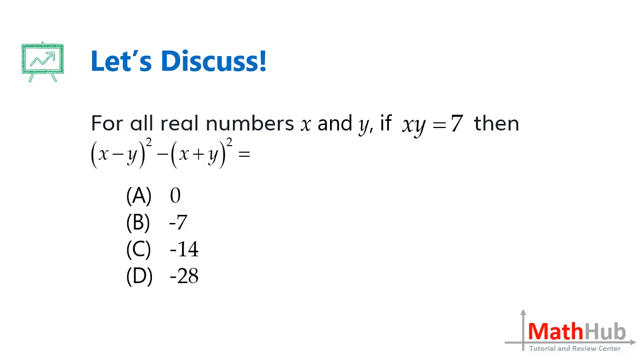However, in this case, we have only one equation, xy equals 7. So that's not really possible. So don't bother to solve for x and y, because take note, what we want to find is this expression.